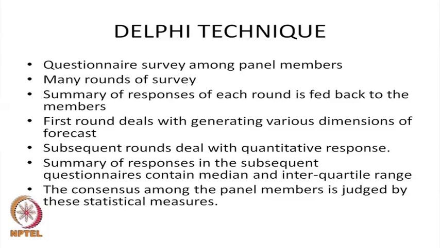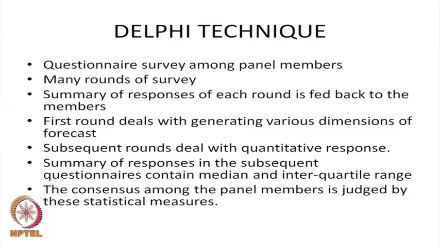And finally, the reduction in the interquartile range as the number of rounds progresses is a measure of the extent to which consensus among the members of the panel takes place. This in short is the DELPHI technique.